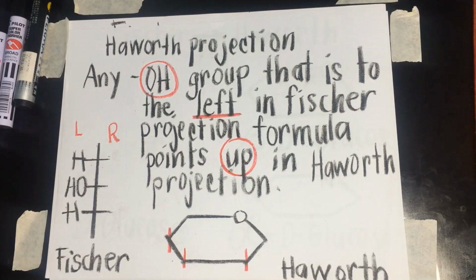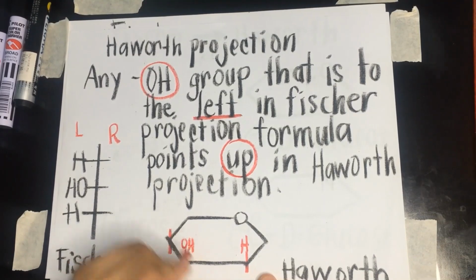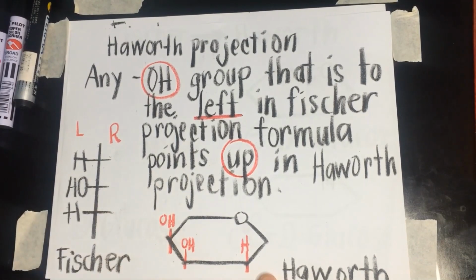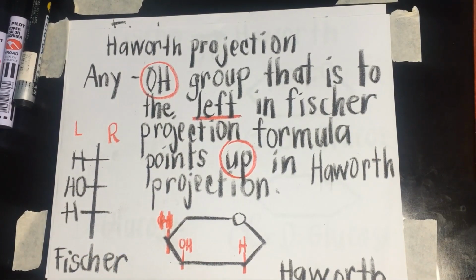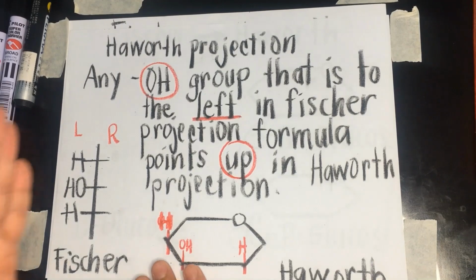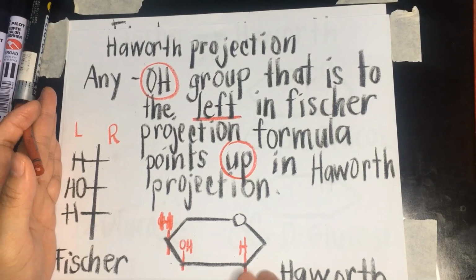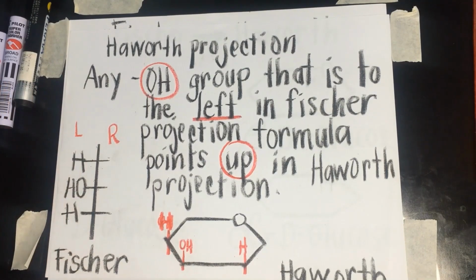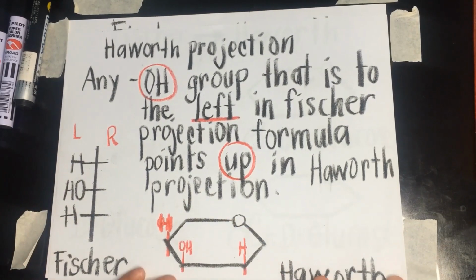These are all located on top. Again, in Haworth projection, any groups, hydroxyl group, hydrogen group, any substituents that are located on the left side of the Fisher projection formula are to be placed on top in Haworth projection. So we have here hydrogen, hydroxyl, hydrogen. Okay?